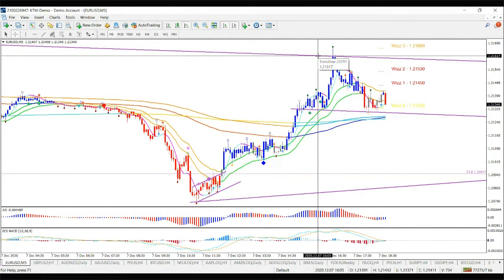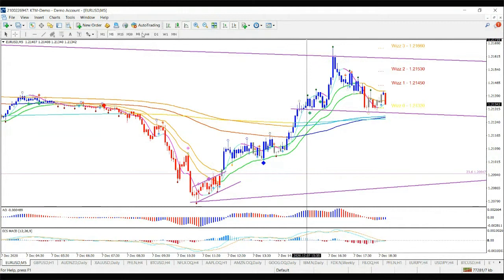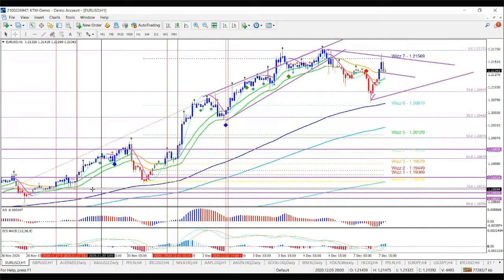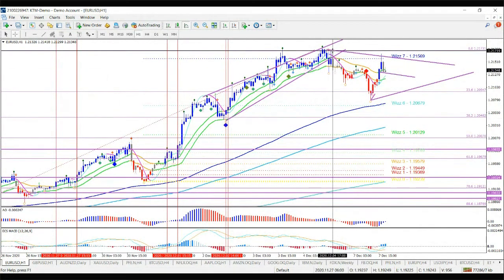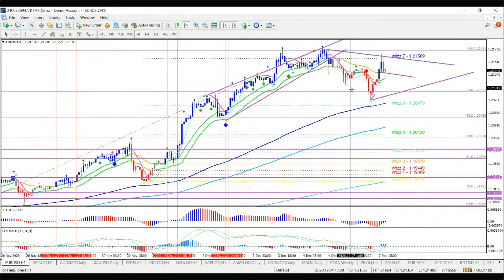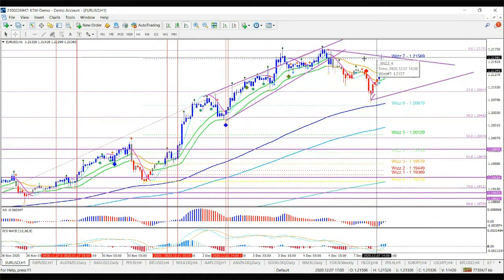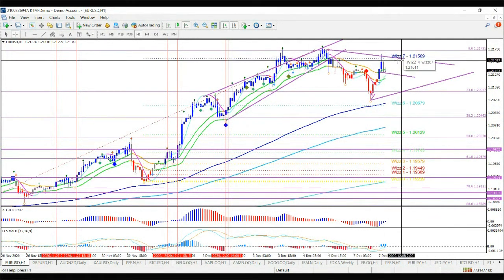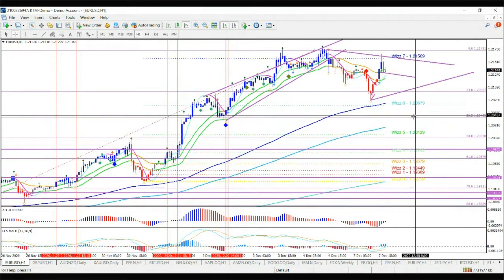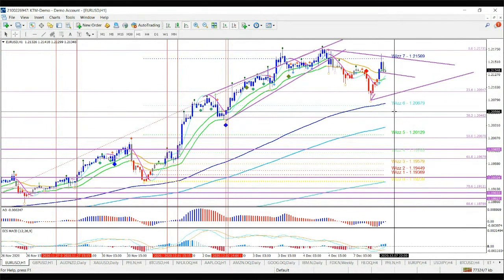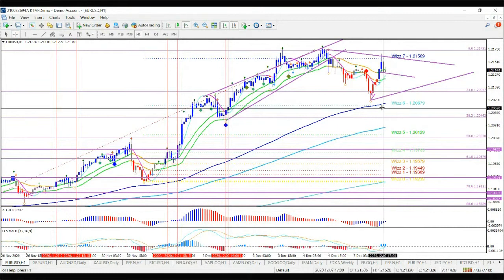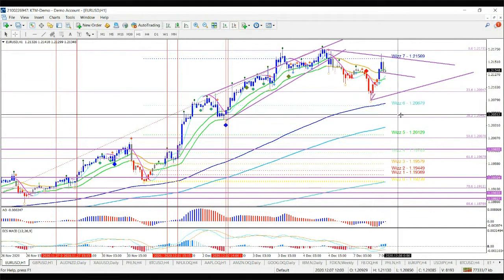Now, these waves are not that important. More important is the structure of the market: we were in a big push up, and it's making a bounce at Wiz 7 for the third time. It could easily make a retracement back to the long-term moving average zone, because it hasn't hit that zone. You see, it was very close to it, but didn't fully hit it.